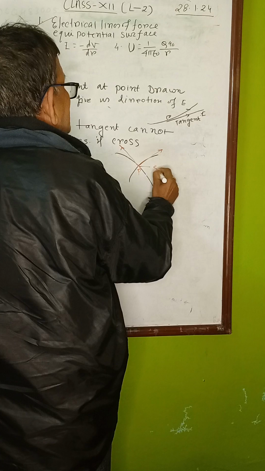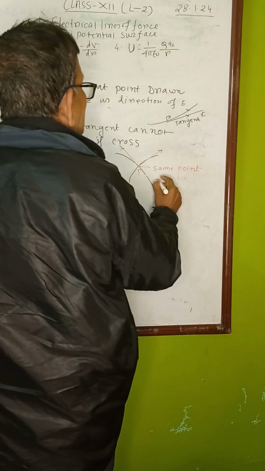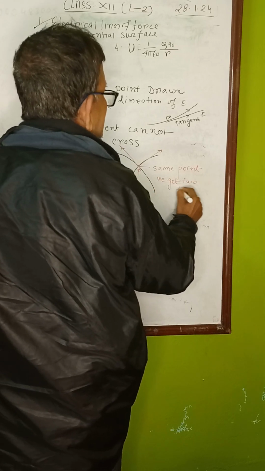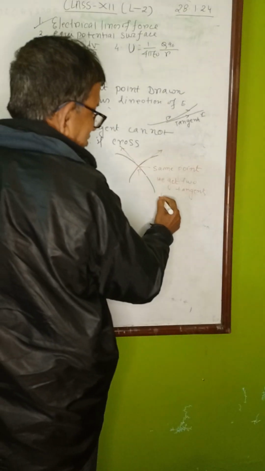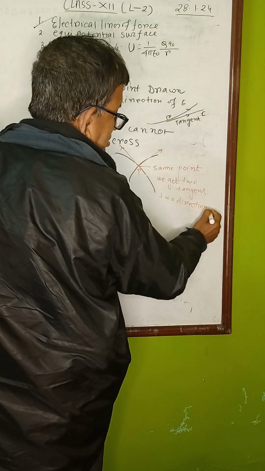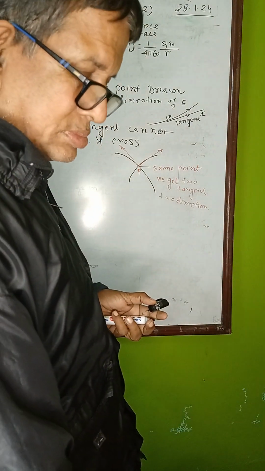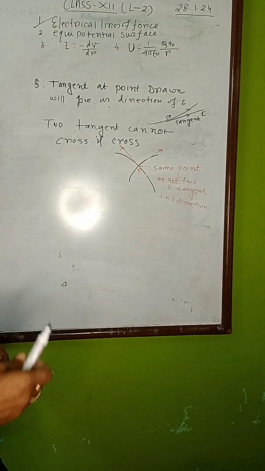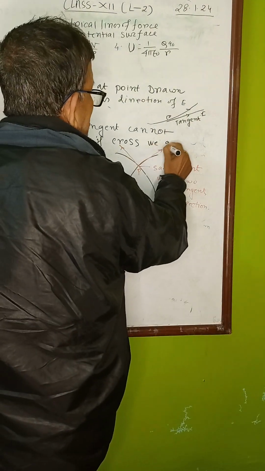So at the same point we get two tangents, that means two directions. So if the lines cross, we get two tangents.